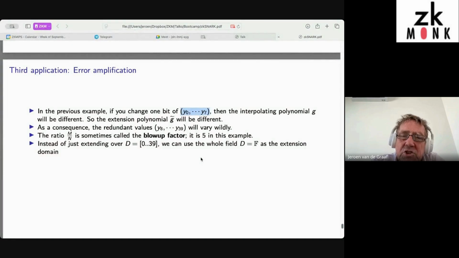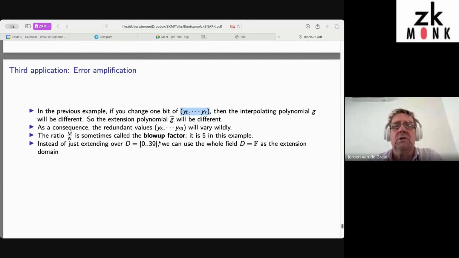Now, if you change one bit of these values, then the polynomial that you have will be completely different. So the original polynomial will be completely different, and as a consequence, the redundant values, in this case y8 until y39, will be completely different.